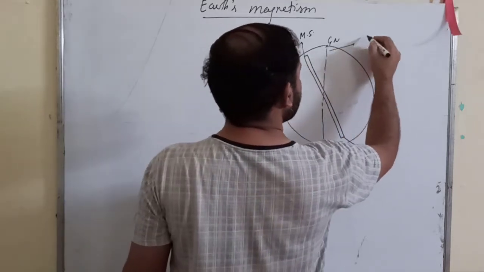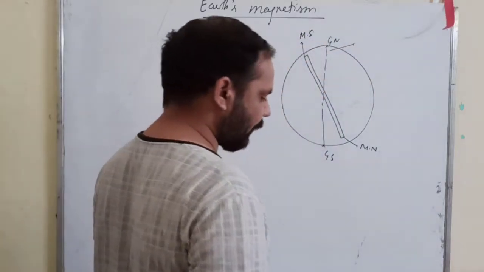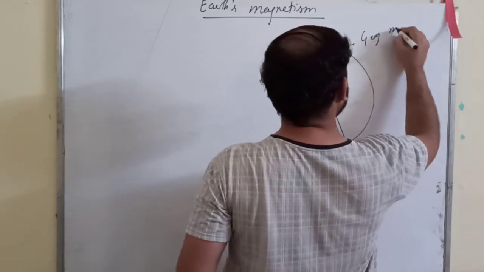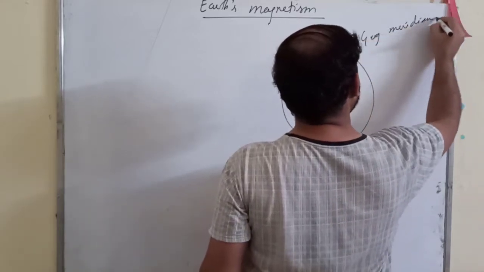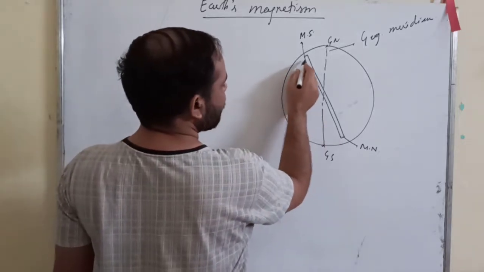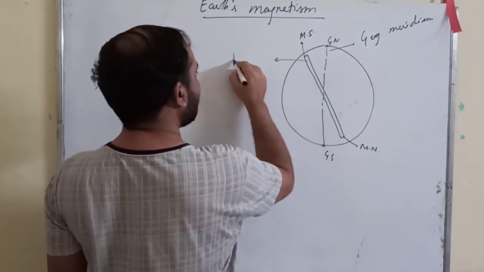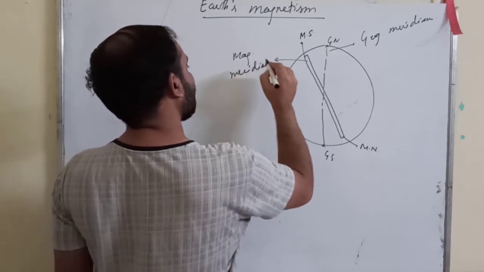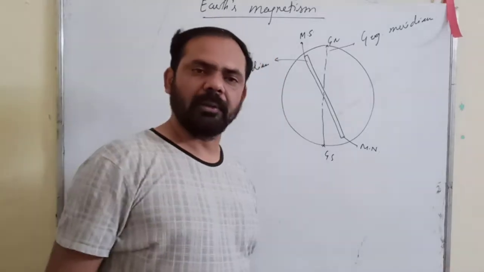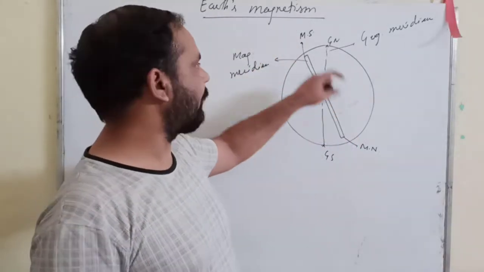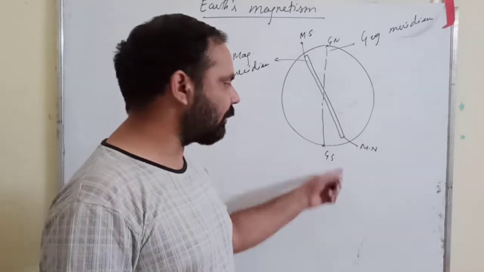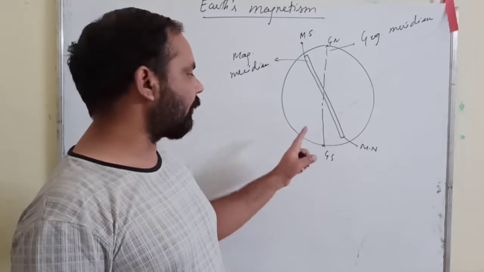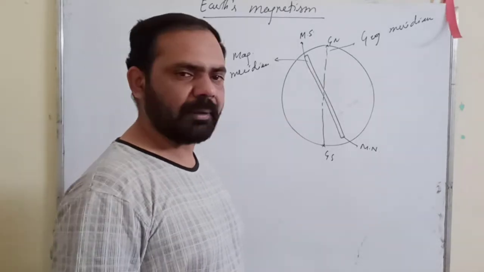This is called the geographical meridian, and this is called the magnetic meridian. The line, the axis of the magnet, that joins magnetic south with magnetic north is the magnetic meridian, and the line that joins geographical north with geographical south is the geographical meridian.